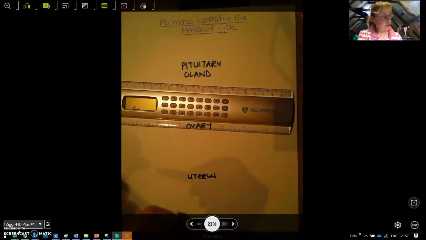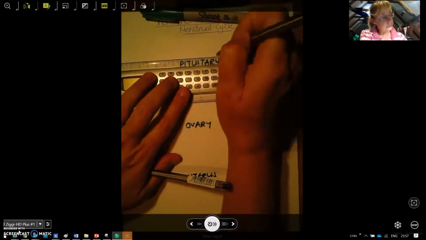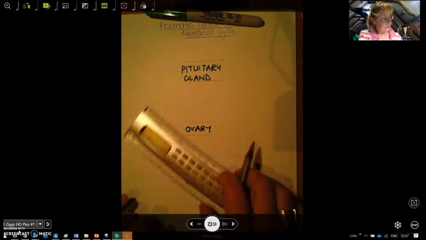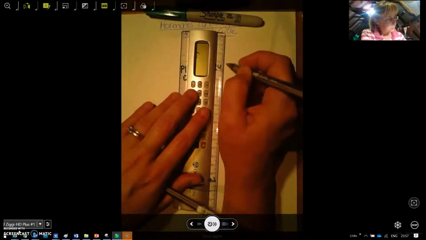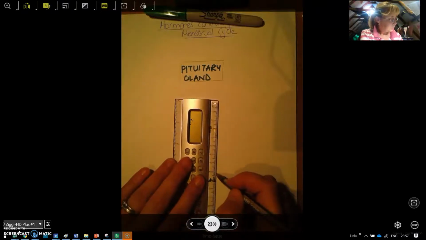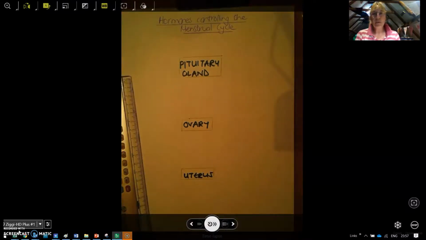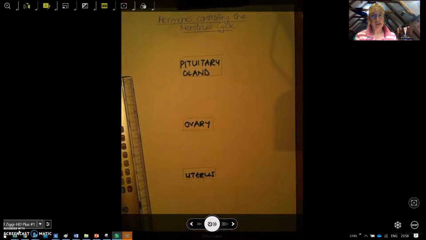And I'm just going to put those all in blocks so it is nice and neat and clear. Now if you've got different colours, that's going to be really useful in this. So I'm going to do all the hormones in black and all the explanations in purple, and hopefully you'll see the difference as we do this.